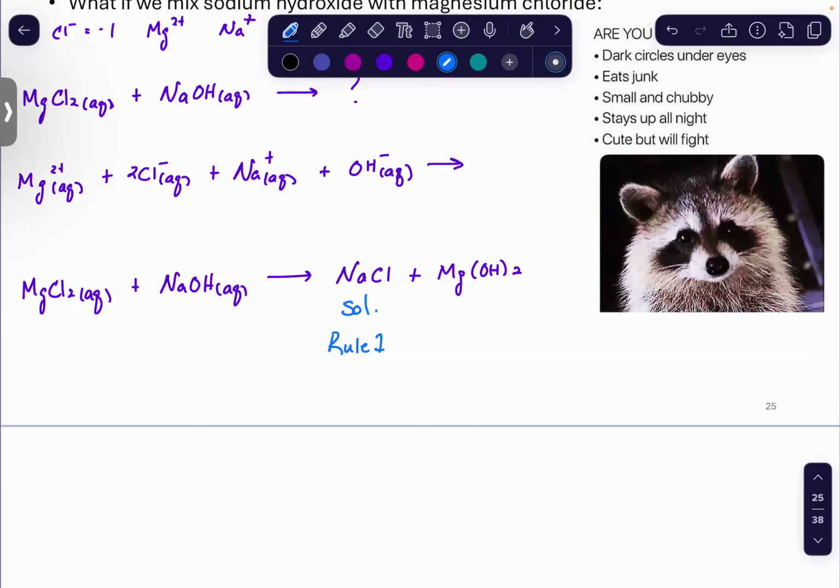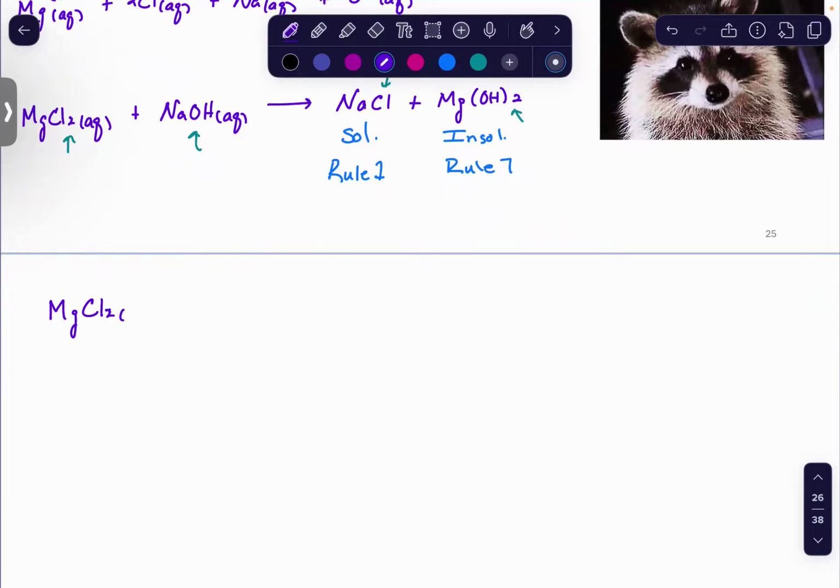And then if you notice, you have to balance this. I have one hydroxide, two hydroxides. That's not going to work. I have two chlorides and one chloride. That's not going to work. So what I'm going to have to do is say, well, there's my magnesium chloride.